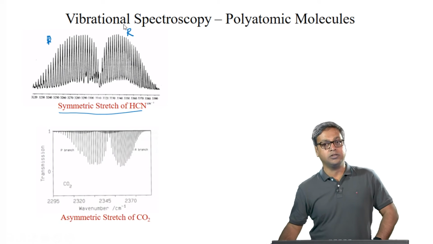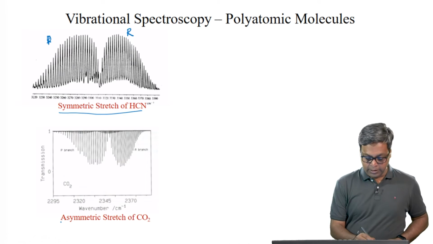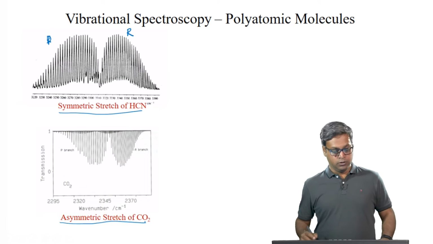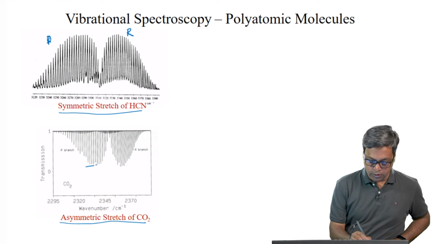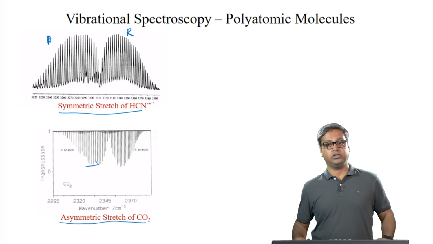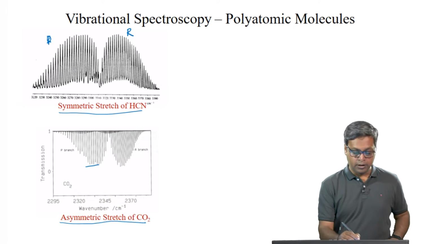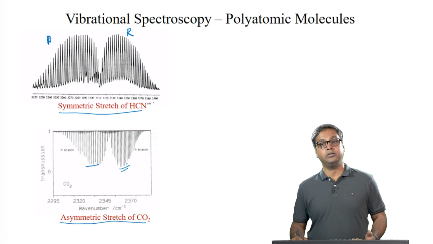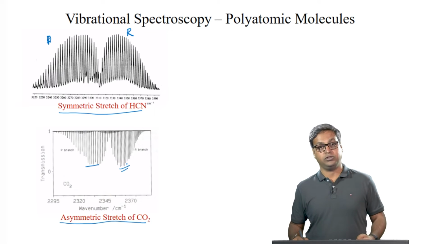So, here is another spectrum for the asymmetric stretch of carbon dioxide. On the left we have the P branch, and on the right, that is at higher frequencies or wave numbers, we have the R branch.